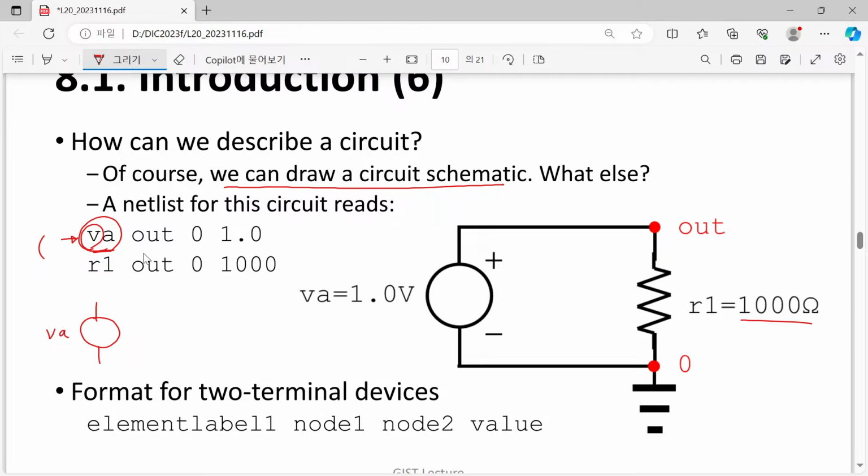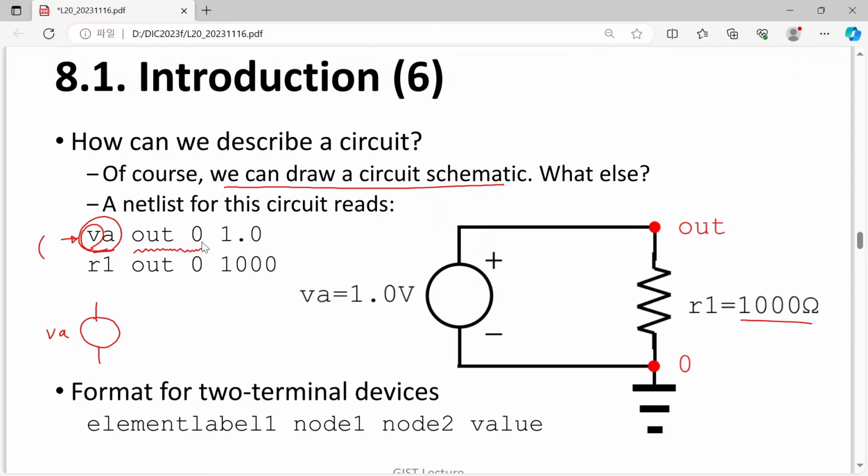And it has two following entries, and the first one is the name of a node, and the second one is also the name of a node. So here 0, although 0 is a numeric number, this is not just a numeric number, this is a new name of our ground.